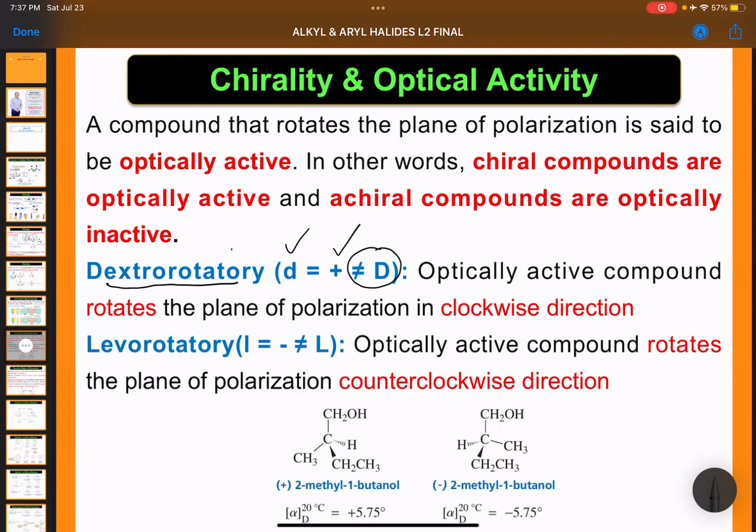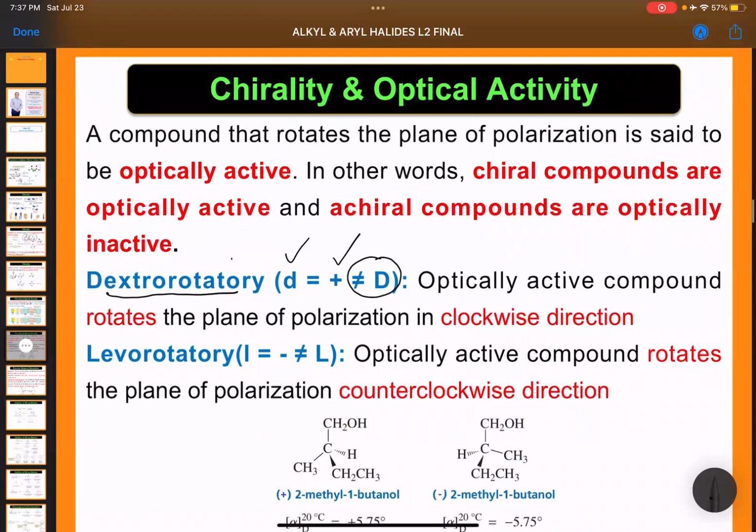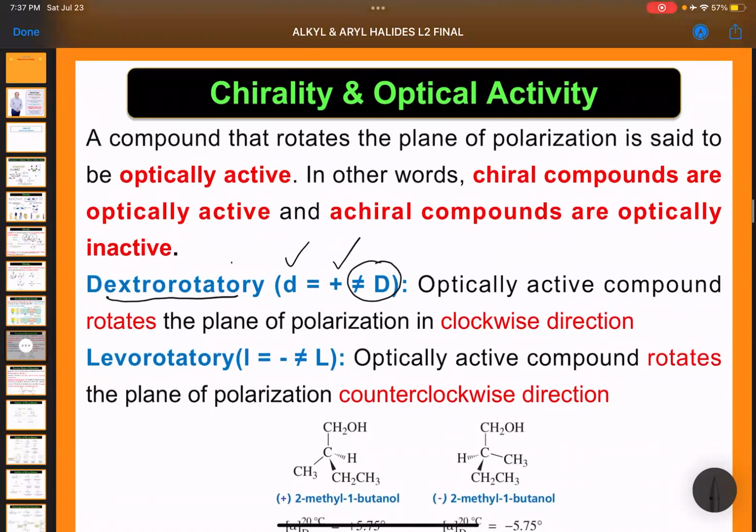We will discuss it in biomolecules. As of now, you should remember that an optically active molecule which rotates the light clockwise is dextrorotatory, represented by small d or positive sign, but not by capital D. That has a different meaning.